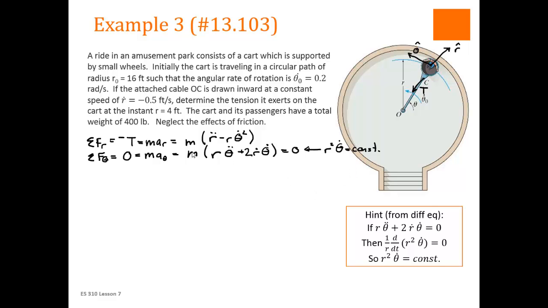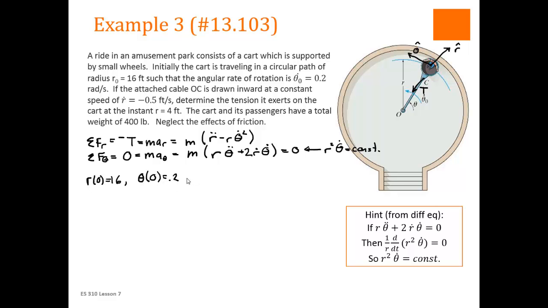All right, so to find this a_r and r squared theta dot and everything else, we need to know what all of these various r's are, okay? So let's start with what we know. We have initial conditions, right? r at 0 is equal to 16, and theta at 0 is equal to 0.2.